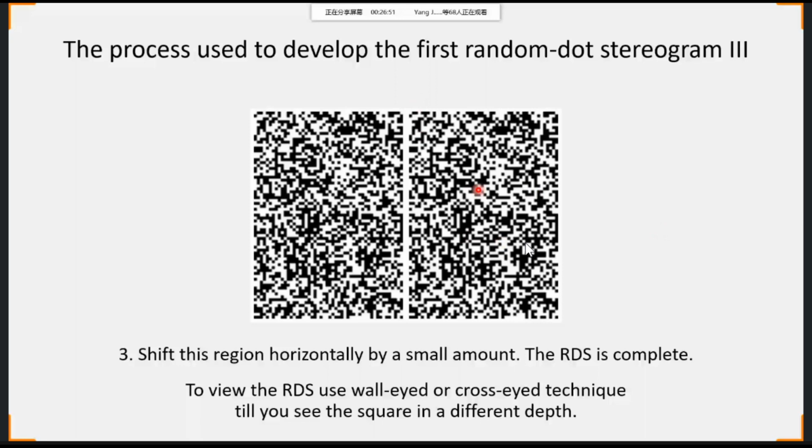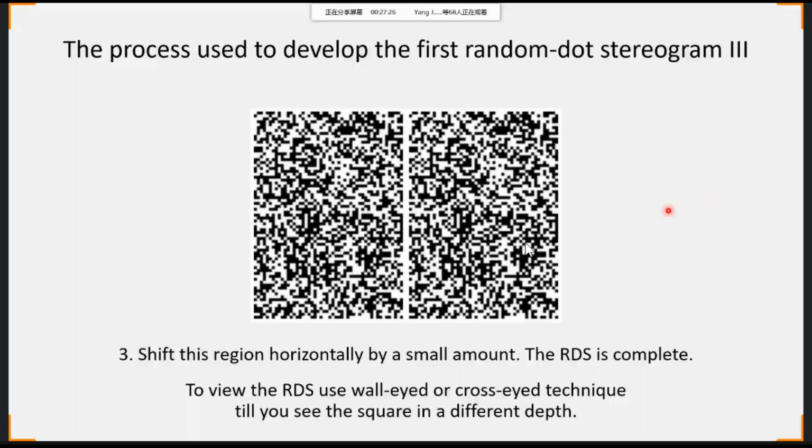And if you manage to do so, you will see that this square area is in front or behind the other level of the whole image. So you see some depth within it. That's the interesting thing. So for me now it's easy, but at the beginning it wasn't. I also had to try relatively long till I managed to see this effect.